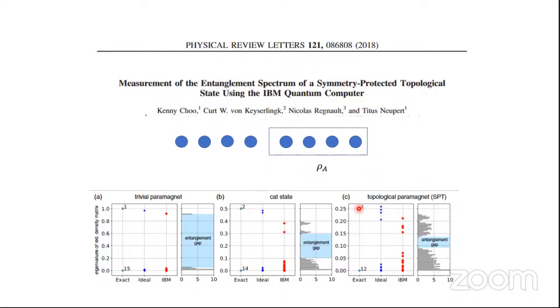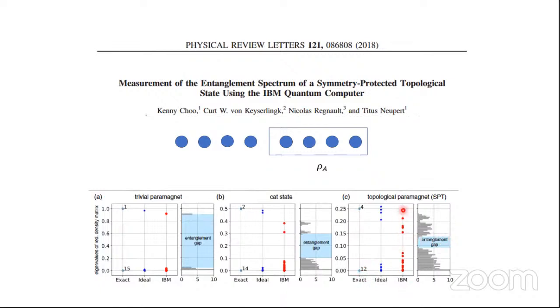Here, something similar happens in the sense that when you look at the reduced density matrix, you obtain a degeneracy of 4. So the reduced density matrix has 4 degenerate edge states, and then all the other edge states. This was probed in the experiment.